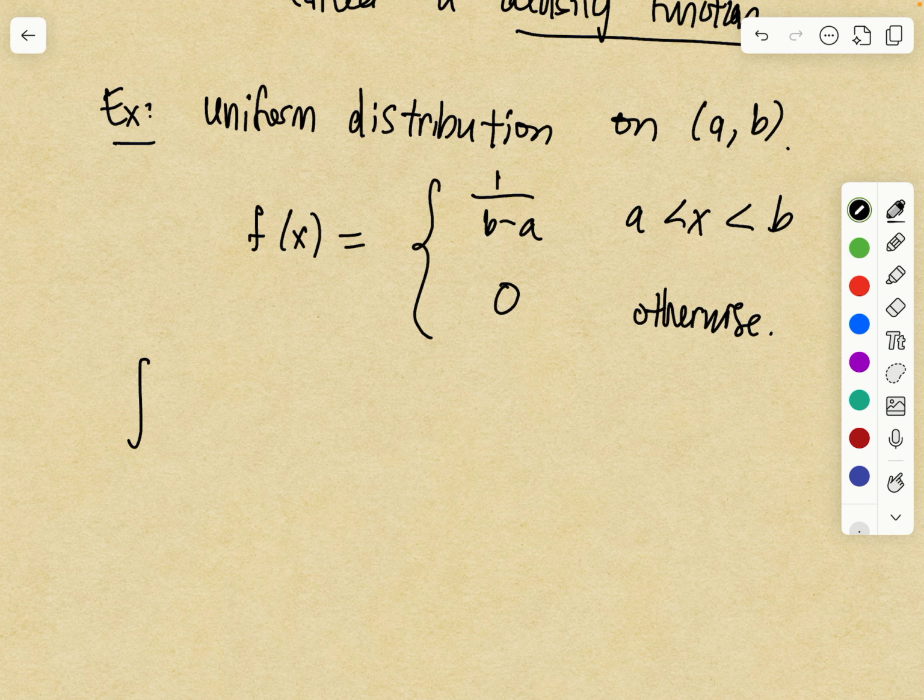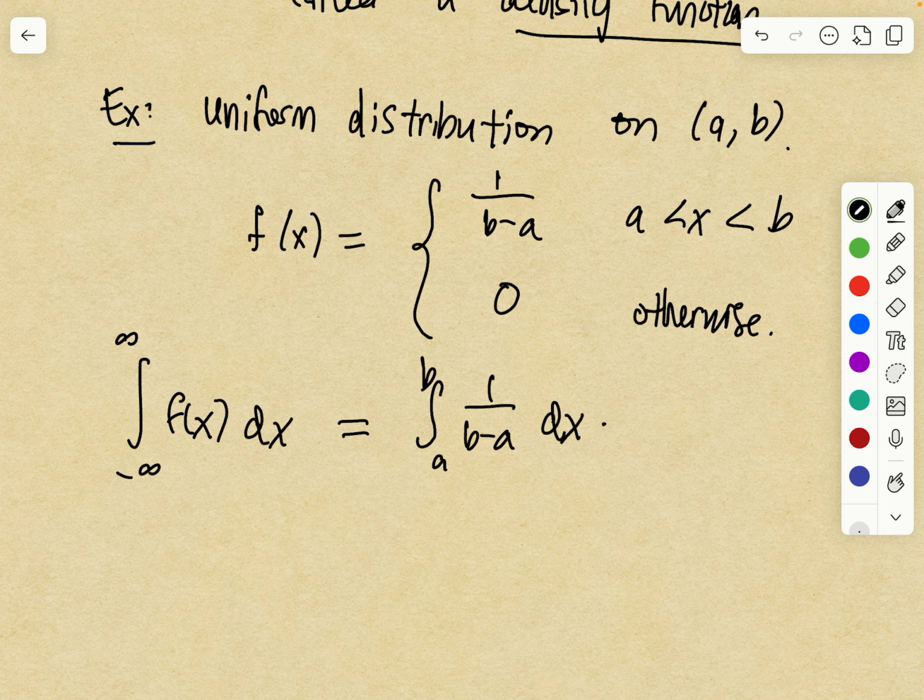And the integral from negative infinity to infinity of f of x, well, f of x is non-zero only from a to b, and so you just get 1 over b minus a times b minus a, which is 1. Okay, so we say that a random variable has the uniform distribution if the density function is given by this.